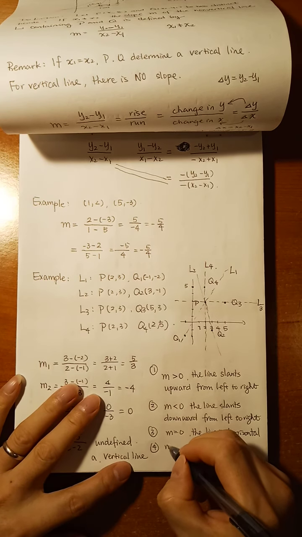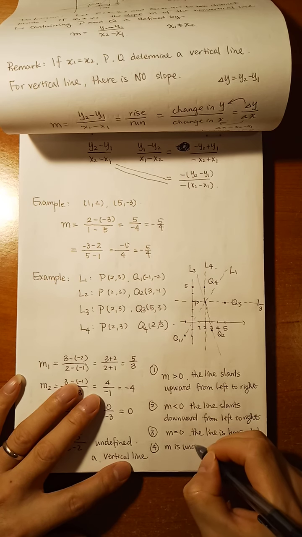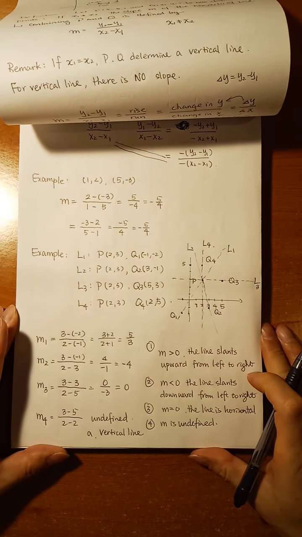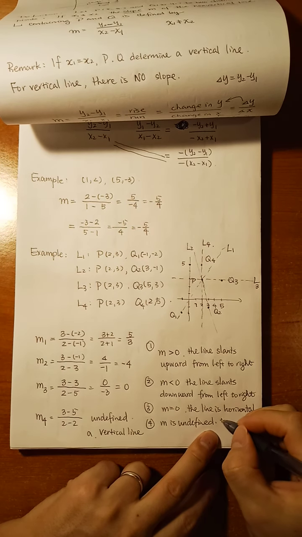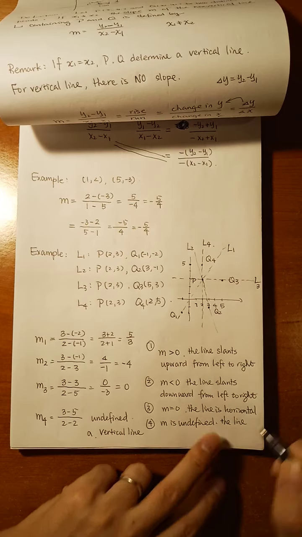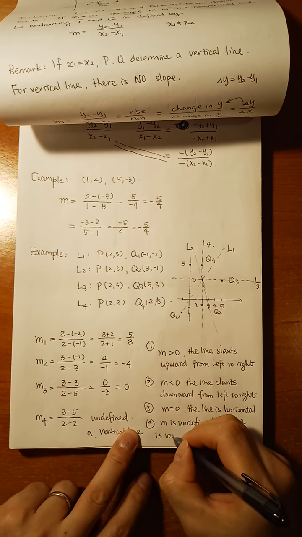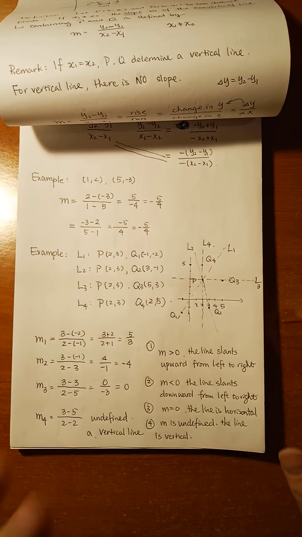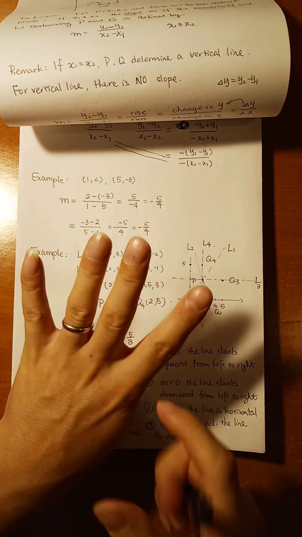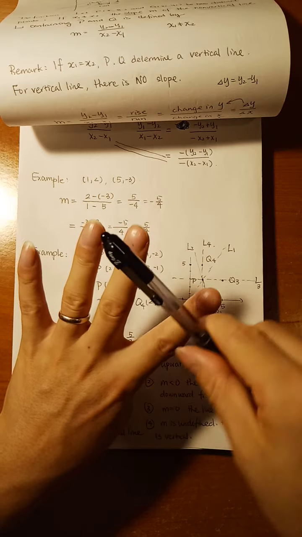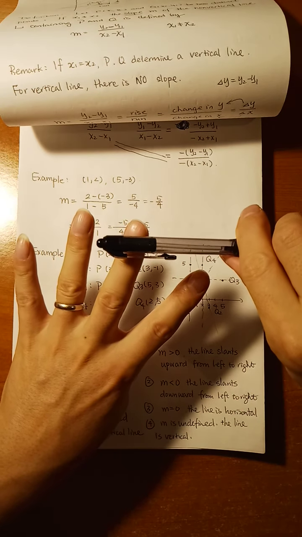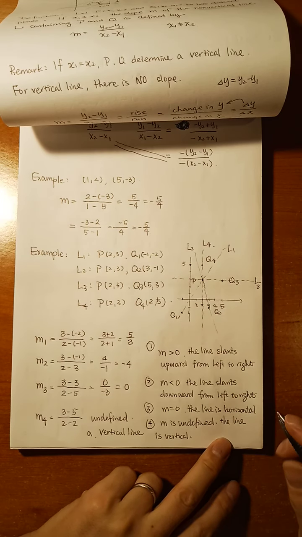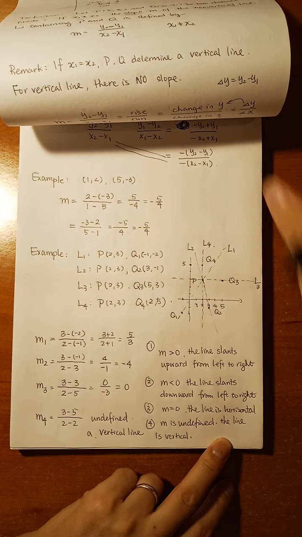If the slope is undefined, then the line is vertical. So that's all four cases: slants upward, slants downward, horizontal, and vertical. So that's the four general cases.